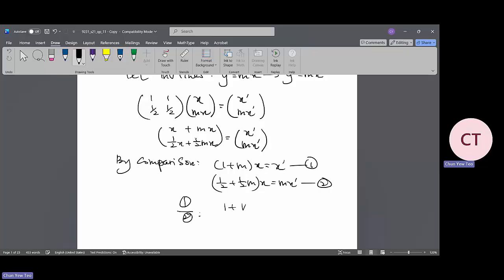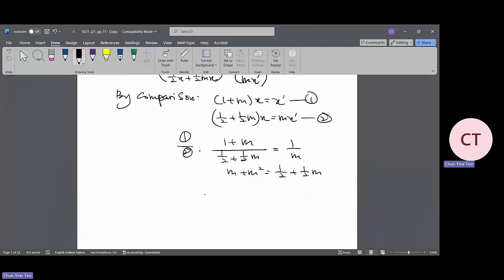You get 1 plus m divided by half plus half m is equal to 1 over m. You get m plus m squared is equal to half plus half m. Multiply everything by 2: 2m plus 2m squared is equal to 1 plus m. You get 2m squared plus m minus 1 equal to 0. Factorize it: 2m minus 1.